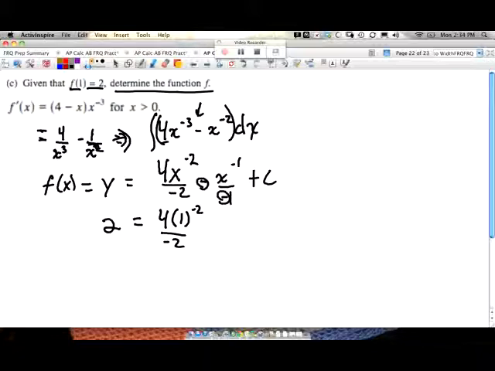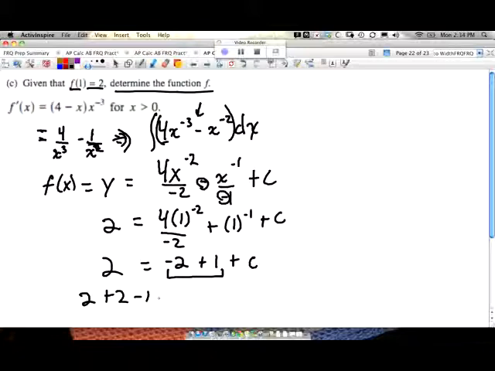Now we got minus minus here, so I'm going to say plus 1 to the negative 1 plus c. Alright, so simplify this more. 2 equals negative 2 plus 1 plus c. Move these over. We're going to have 2 plus 2 minus 1 equals c.